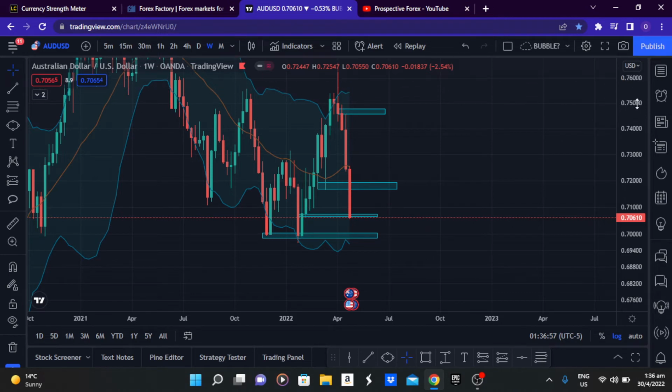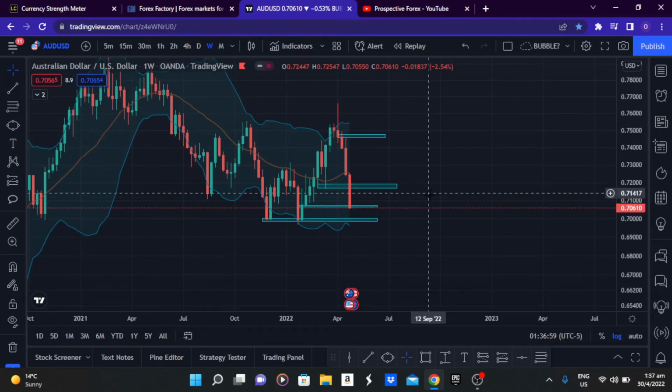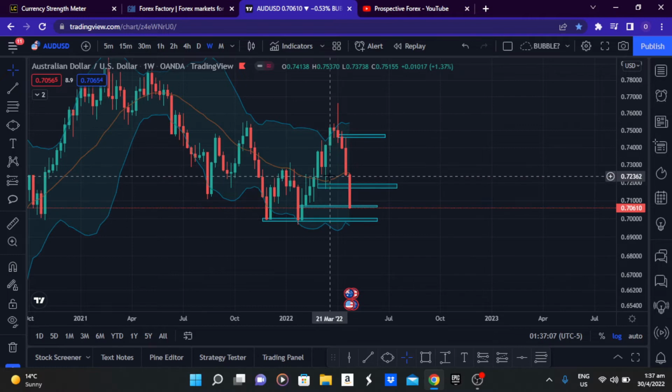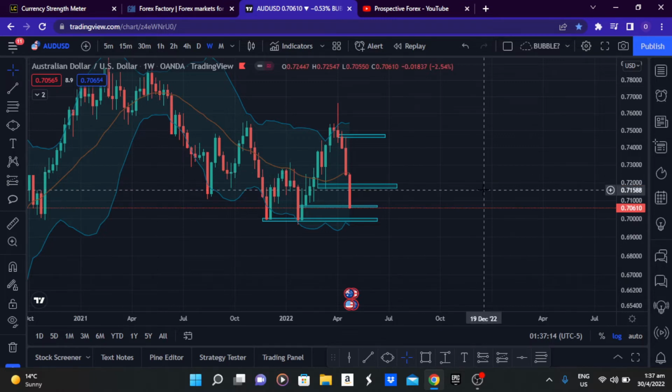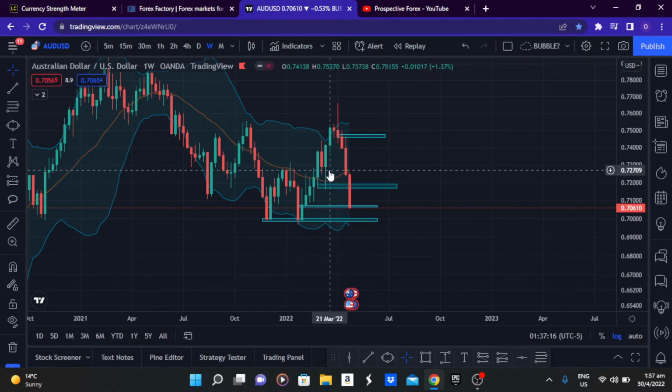So the overall trend for me is bearish, so I did not take any bullish trades in that entire 5 weeks. It was just bearish sells. Sorry about that. Just sells all the way within those 5 weeks.